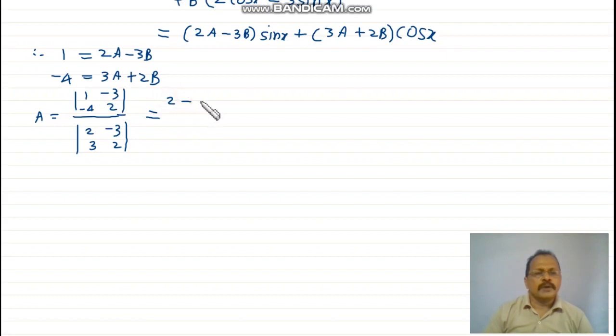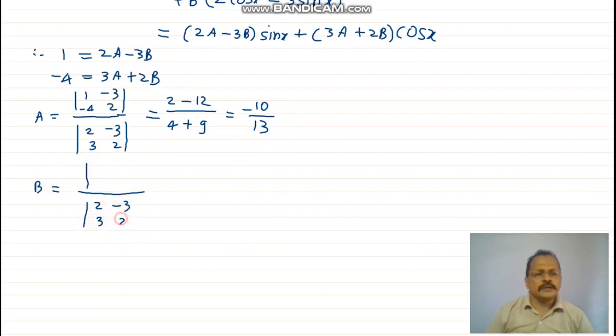So a equals (2 minus 12) divided by (4 plus 9), equal to minus 10 upon 13, and b equals a determinant whose denominator is the same, 2, minus 3, 3, 2.